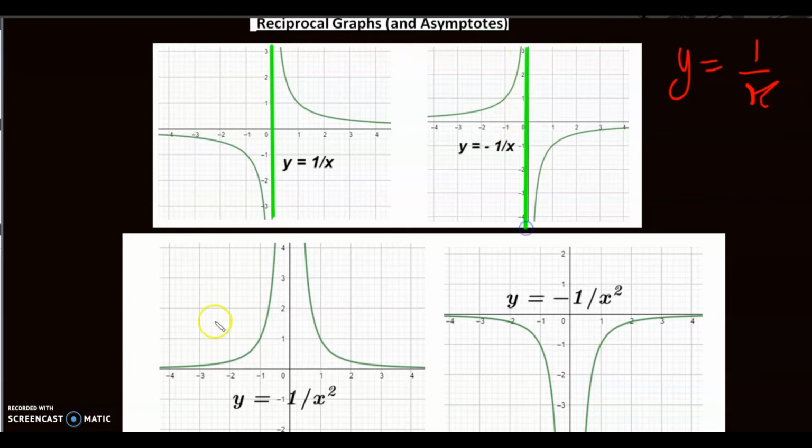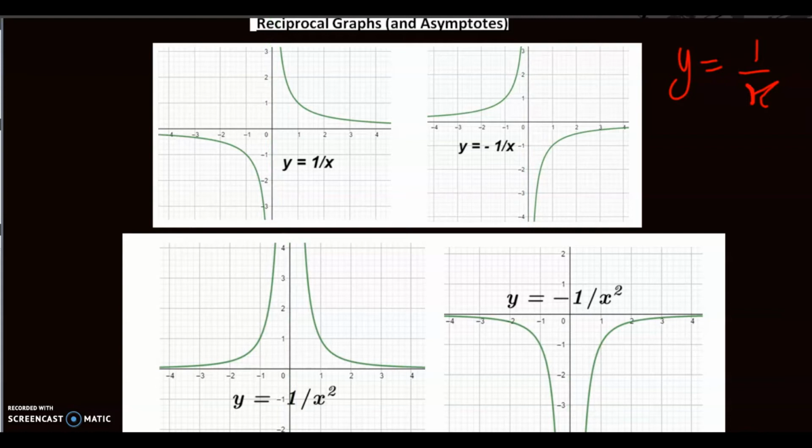This is an asymptote. This is an asymptote. So the y-axis in all these graphs makes the asymptotes. The curve and the line will never meet. But as one of the variables approaches infinity, like when y is increasing and increasing, it gets very close to this asymptote, but it will never touch it.